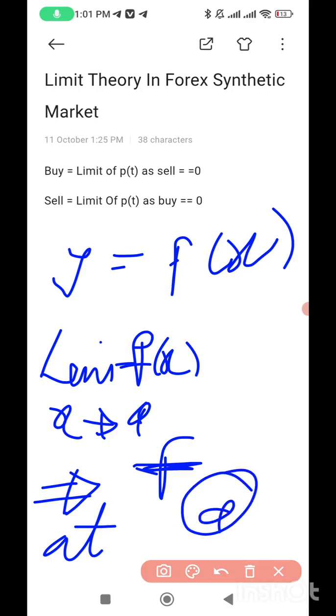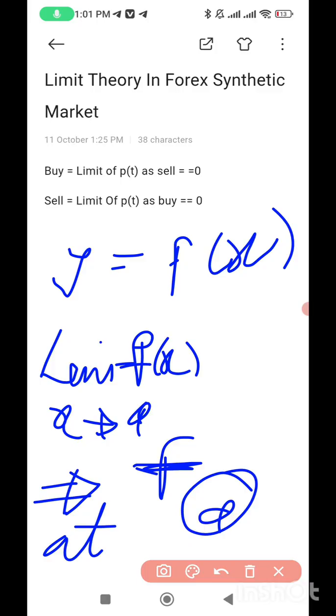Not that it will exactly be a, but at a certain neighborhood of a, whether from back or from front. Okay, so that is the meaning of limit at the mathematical level.